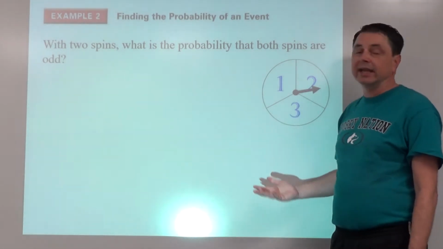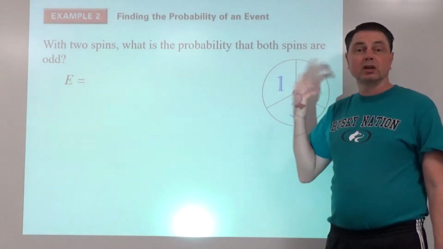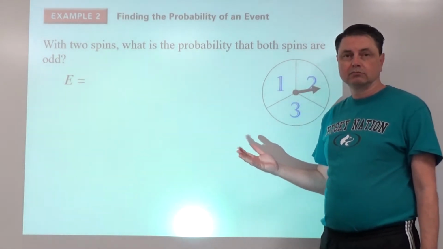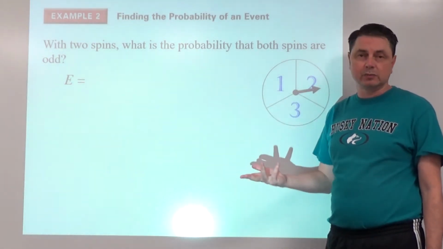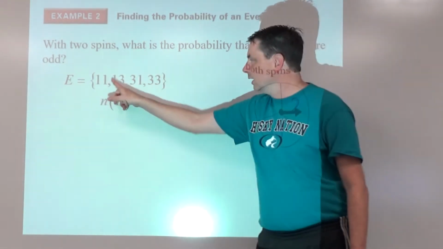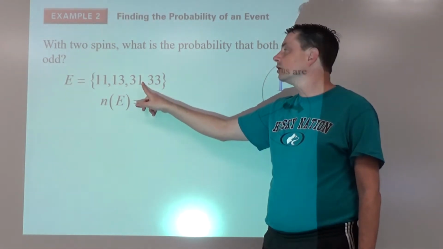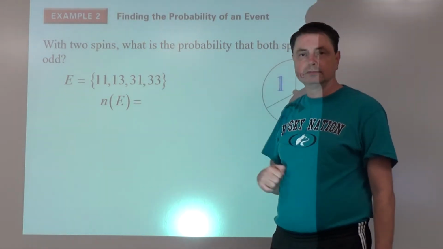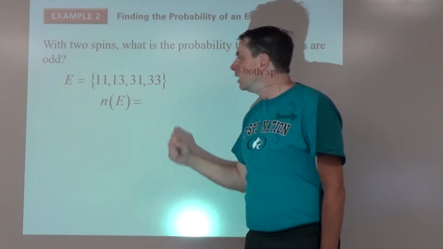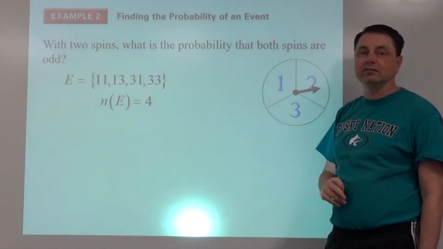Well, the first thing we might look at is how could that happen? So what are the different ways? What could we get on the first spin? A 1. And what about on the second spin? A 1. Or a 1 and then a 3. Or a 3 first and then a 1. Or a 3 and then a 3. So that makes 4 different outcomes in the event.